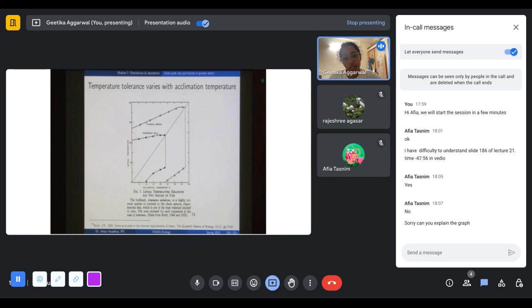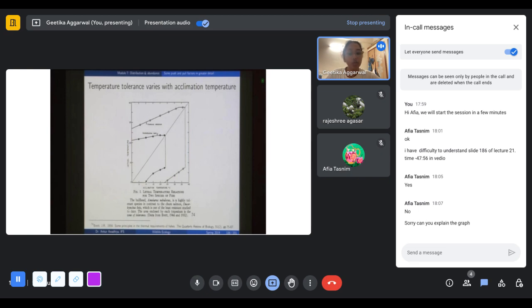So on the x-axis, it has the acclimation temperature. That means the temperature at which the species is used to staying, right? As in, the species is acclimatized to this temperature, it is able to tolerate this temperature, which is on the x-axis. And on the y-axis, we have the lethal temperature. That is the temperature at which this particular species will not be able to tolerate and it will die.